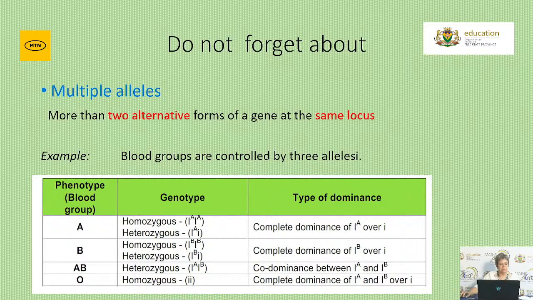Also in blood groups, I can ask you to explain Mendel's law of dominance using blood groups, and then you can explain complete dominance, you can explain codominance, and also you can explain that the recessive allele is only expressed if the genotype is homozygous.